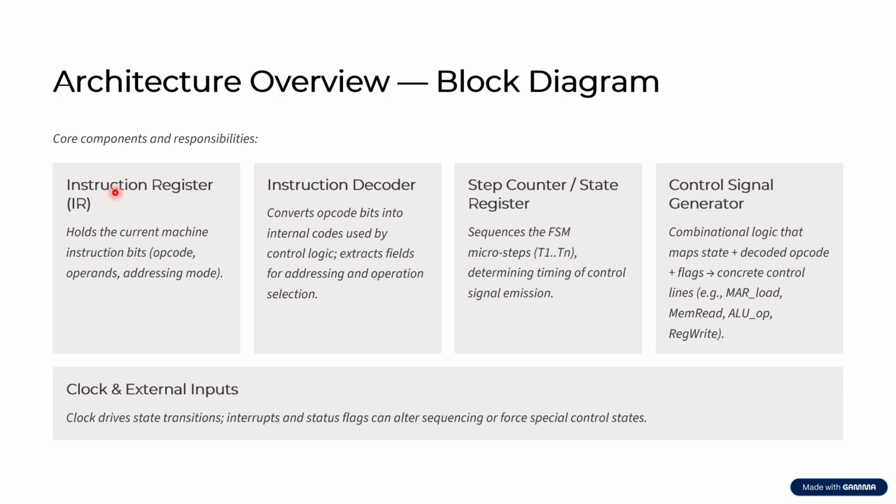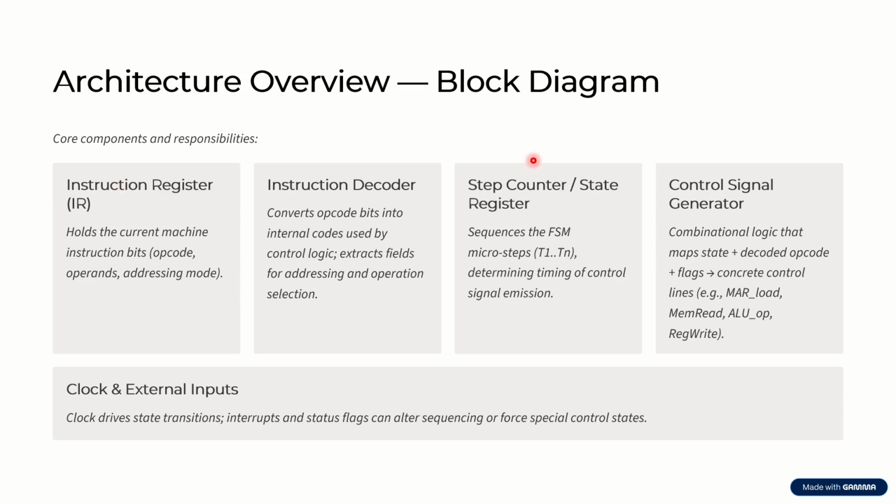Now, at first I would like to tell you about the instruction register. As I told you earlier, it is a core component that stores all the instructions which are being executed or will be executed in future. The second element is the instruction decoder. It decodes the signals coming from the instruction register and puts them in a form so that the computer can understand what it has to do.